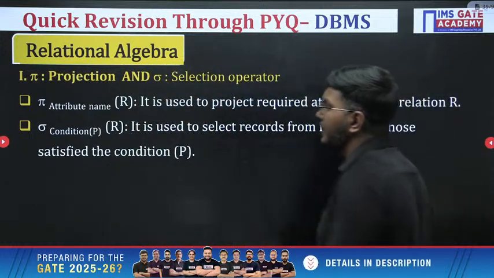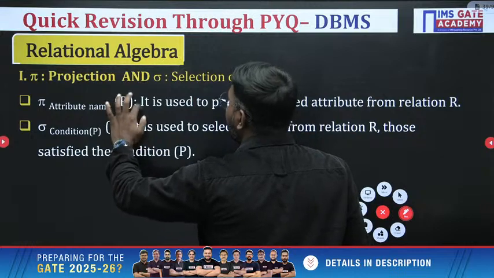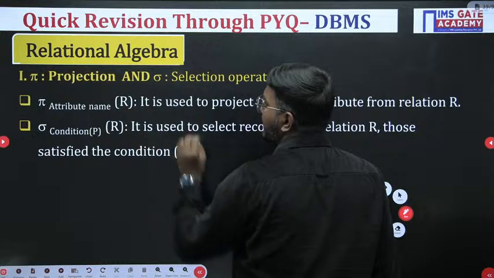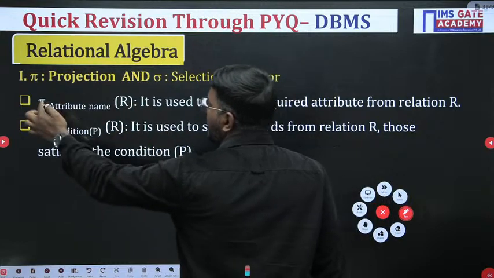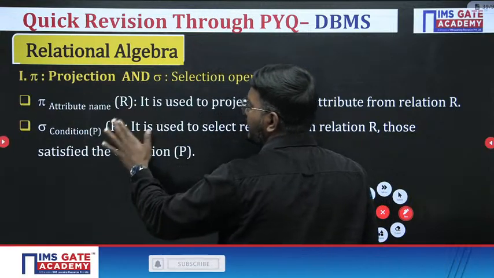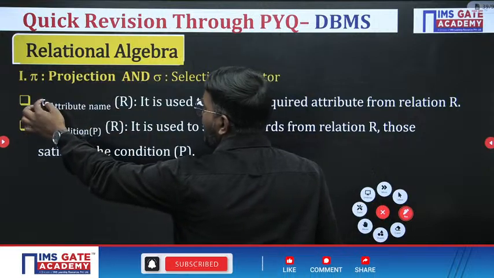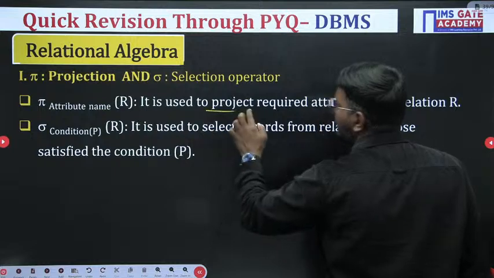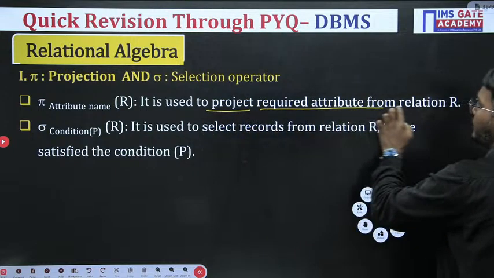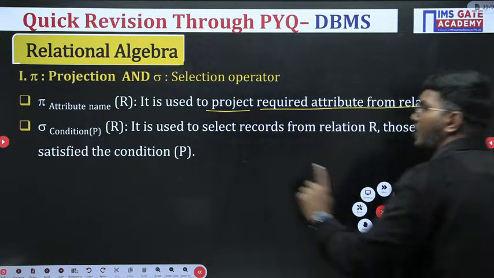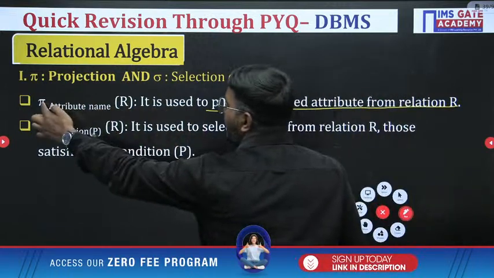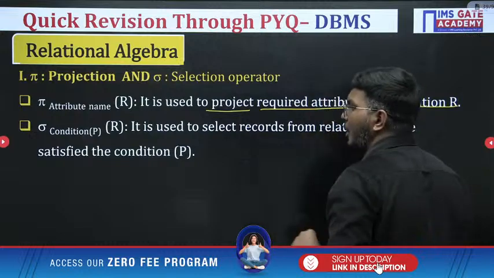From a relation having some attribute list, if you want to select some attributes, then this projection will be used. The notation is the projection operator with some attribute name applied on R. It is used to project the required attributes from the relation R. Now here we have selection.